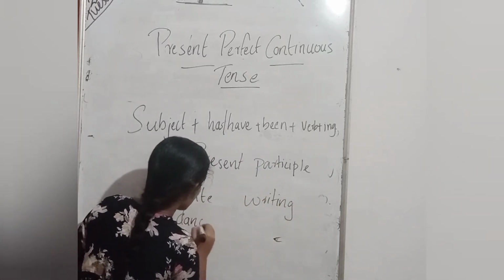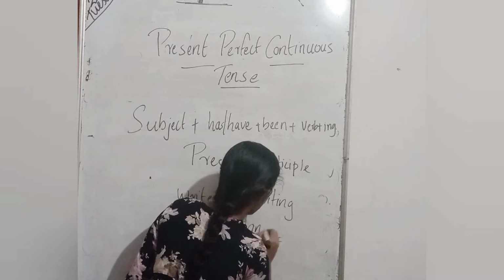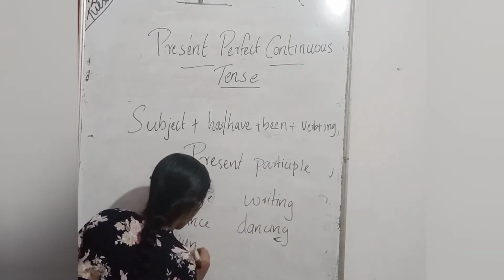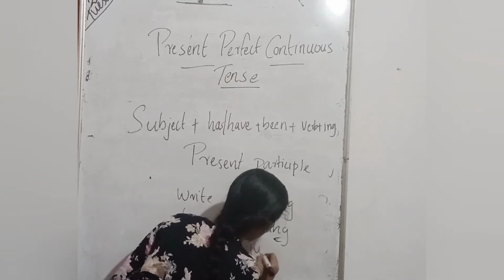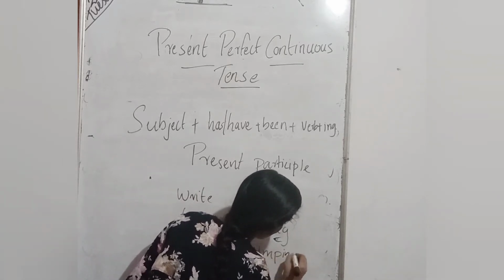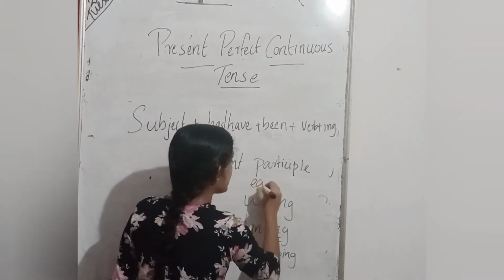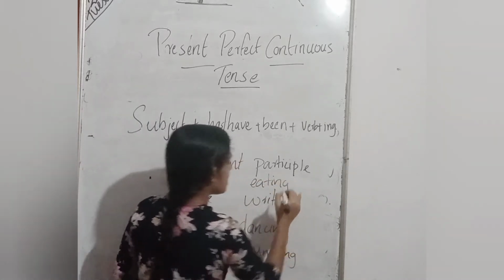Dance, dancing. Jump, jumping. Eat, eating. These are some examples of present participle.